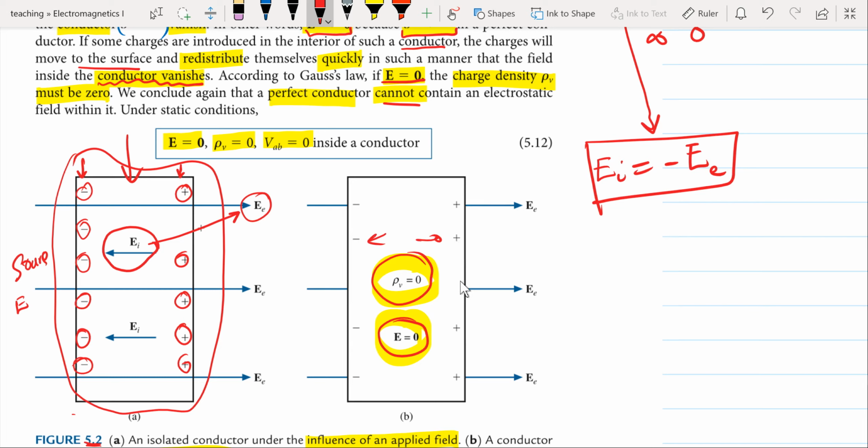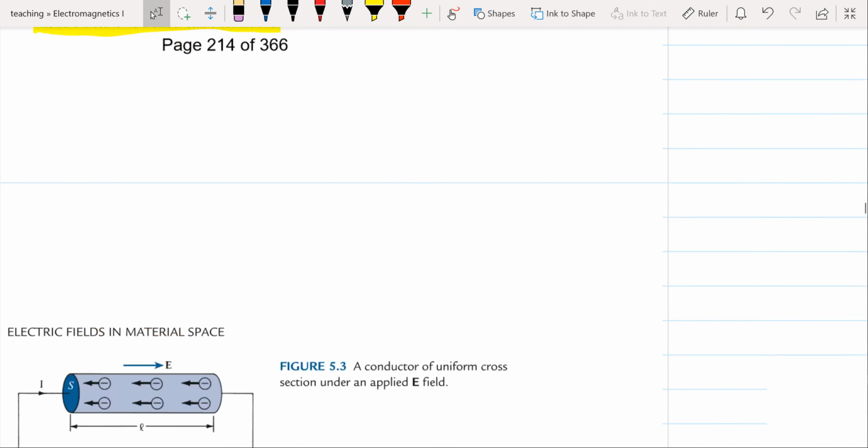And therefore we also come up with another statement that says that at static conditions, the electric field strength is 0, the volume charge density rho V is 0, and therefore the potential VAB between any 2 points, if you wanted to consider your A to be there and B to be there, will always be 0 inside the conductor.